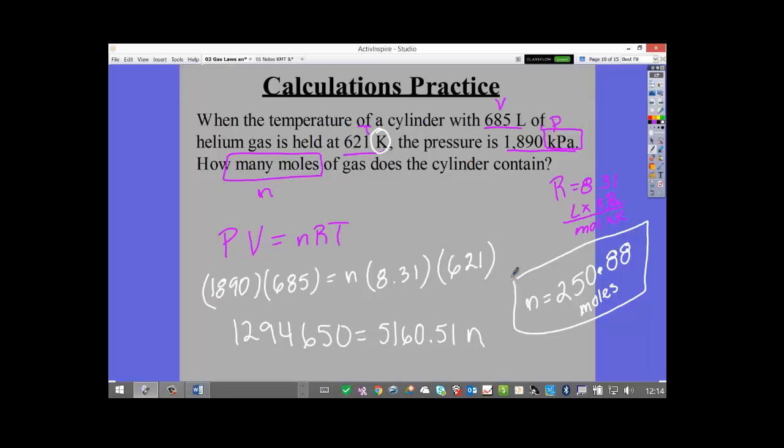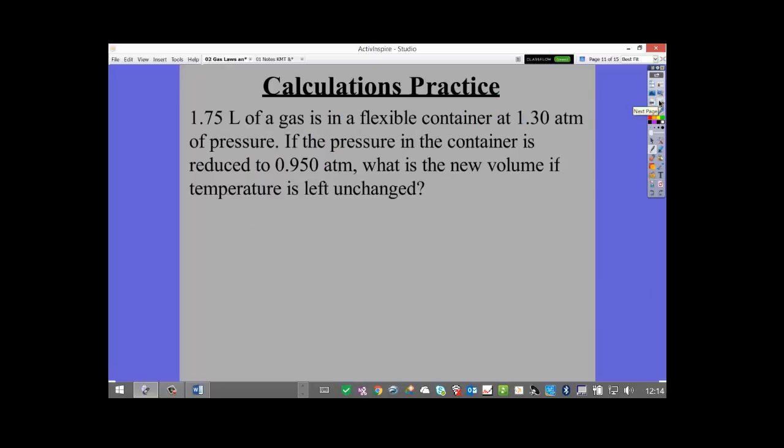All right. Moving on to the next one. It says 1.75 liters of a gas is in a flexible container. That might be important, so I'm going to underline that. I'm also going to underline the first unit, a volume. 1.75 liters of a gas is in a flexible container at 1.30 ATM of pressure.